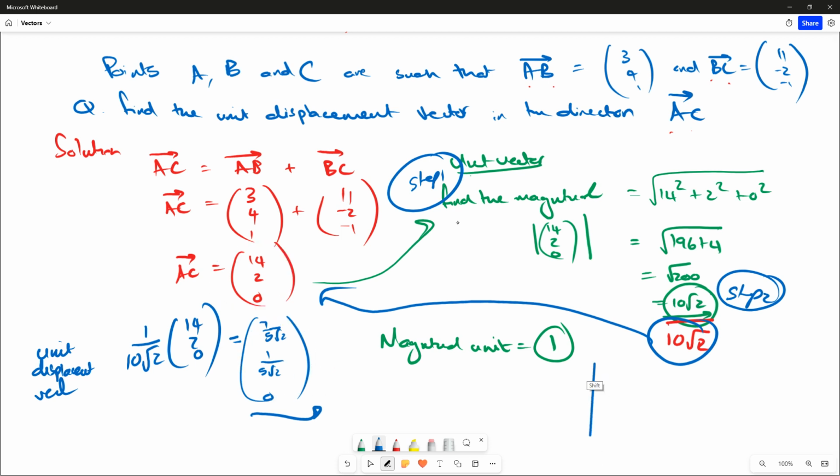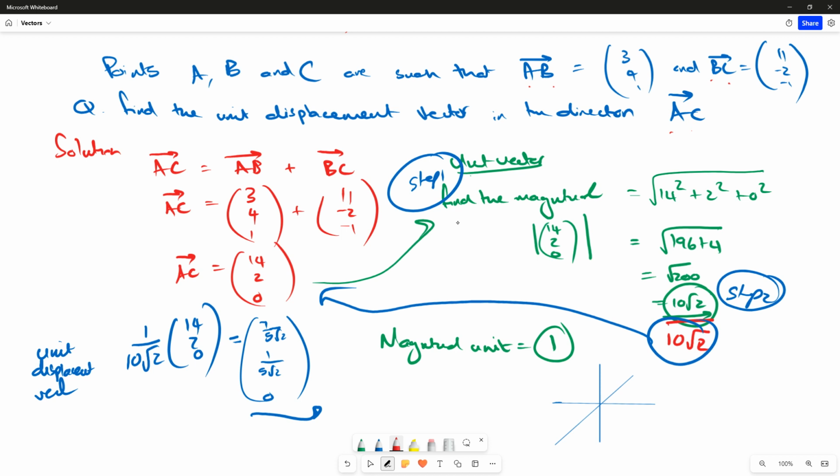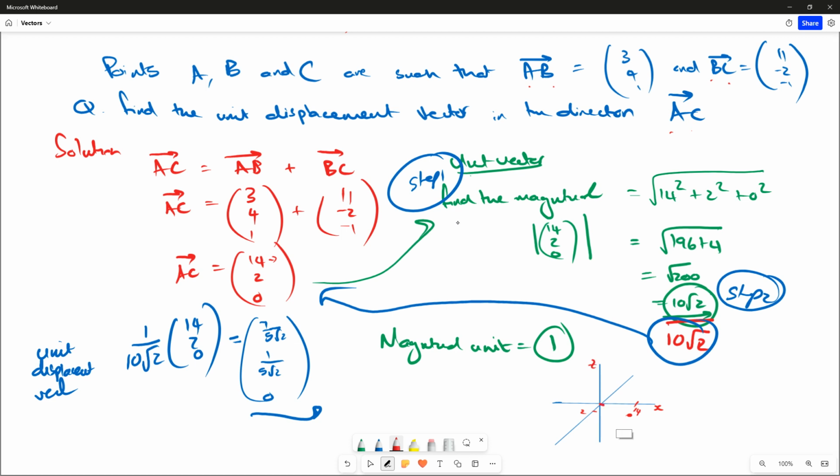And on the 3D plane, I'm just going to draw a quick sketch here where that's Z. If this is going 14 to the right and 2 up, and 0, actually 2 down, it's going to be 14 on the X, and you're going to go 2 on the Y, but 0 on the Z plane, then that vector is just going till there in the 3D plane.